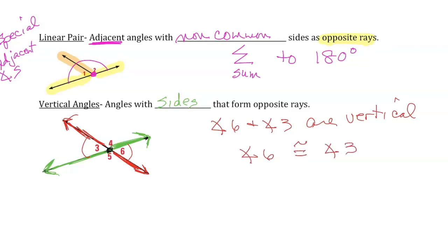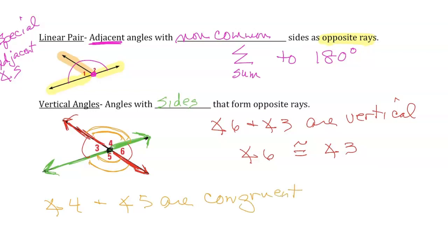They have the same measure. All right, when you do this, you have a second pair of vertical angles. That is angle 4. I'm going to put two hash marks like this. That's going to be congruent to angle 5 because angle 4 and angle 5 are congruent.